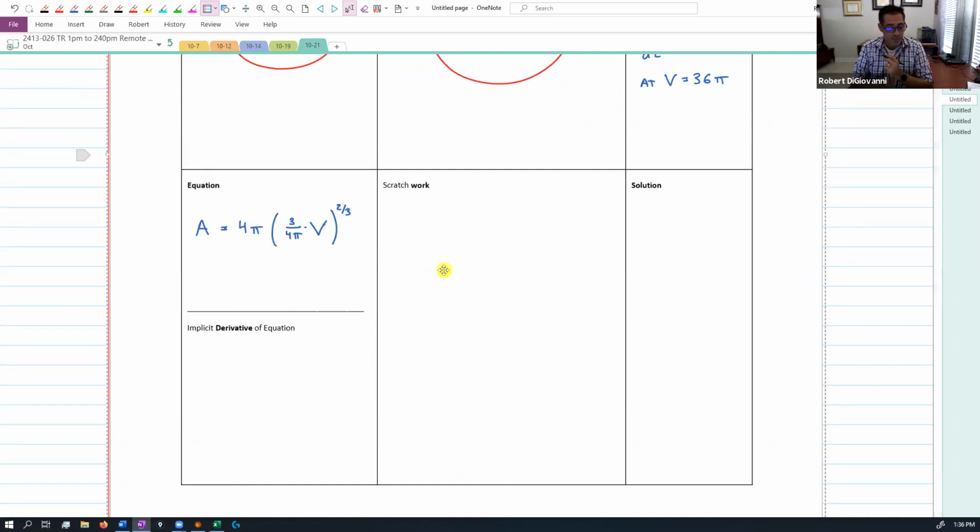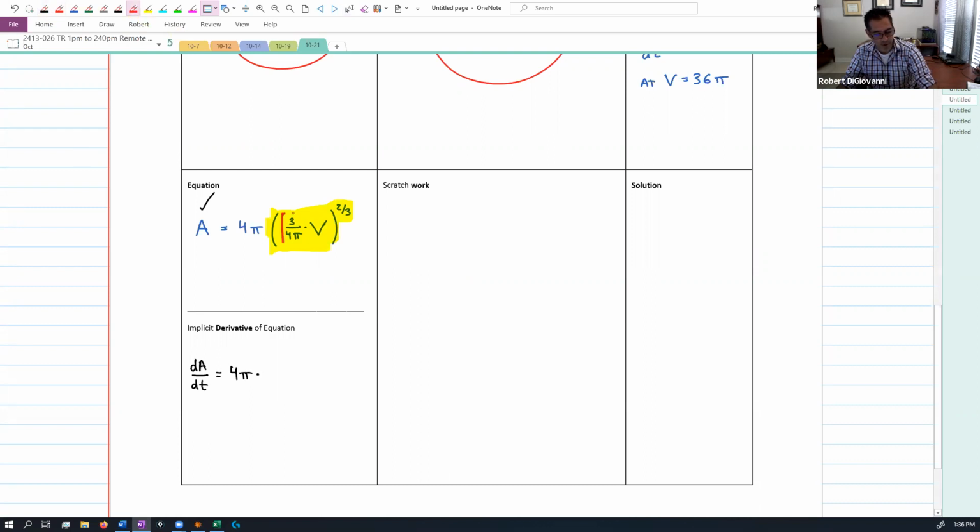Differentiation time. Derivative with respect to t on both sides. Left side is the one you're happy about, hopefully. dA/dt, right? That's the derivative of A with respect to t. Done? Okay, 4 pi is a constant, right? It'll come for the ride. Times, okay, look at everything here in yellow. That is a chain rule.